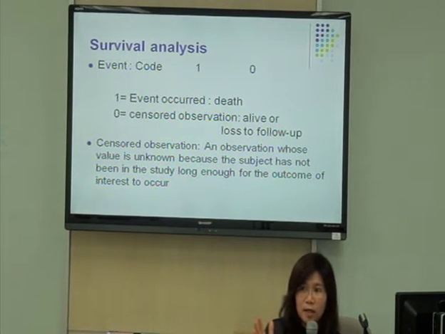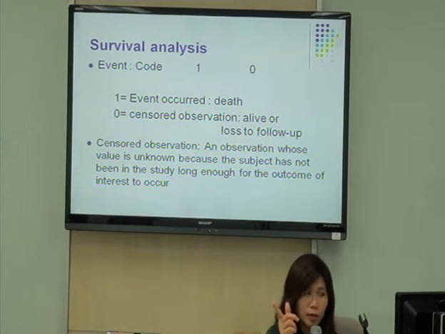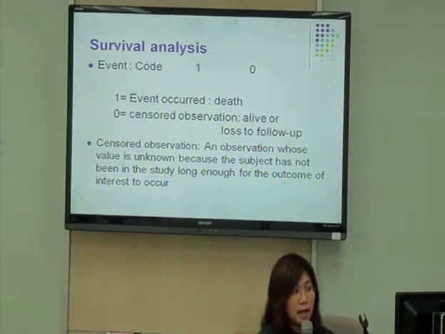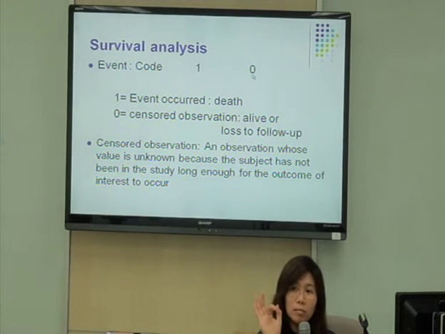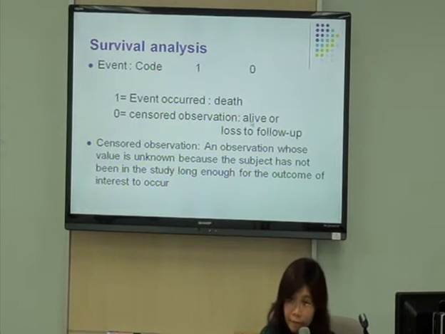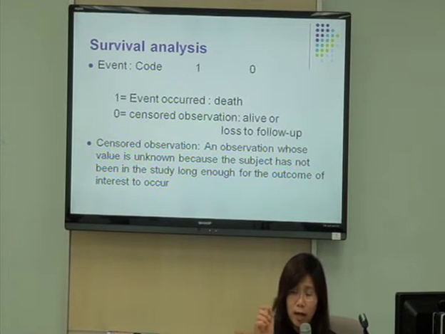At the end of the study we consider whether the event of interest occurred or not. For example, in this case, if the event is death, the code dead equals 1. 0 means censored, or did not occur. Censored here means either alive, lost to follow-up, or withdrawn. Only death, the event of interest, will be counted as 1.